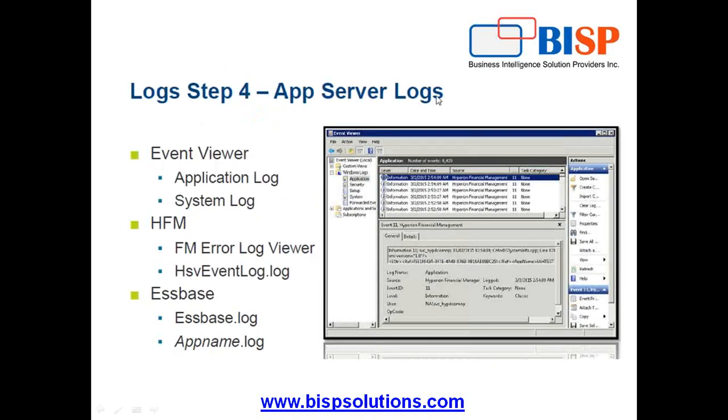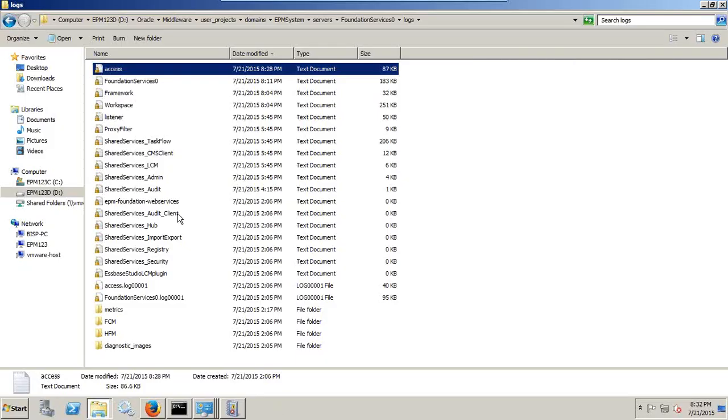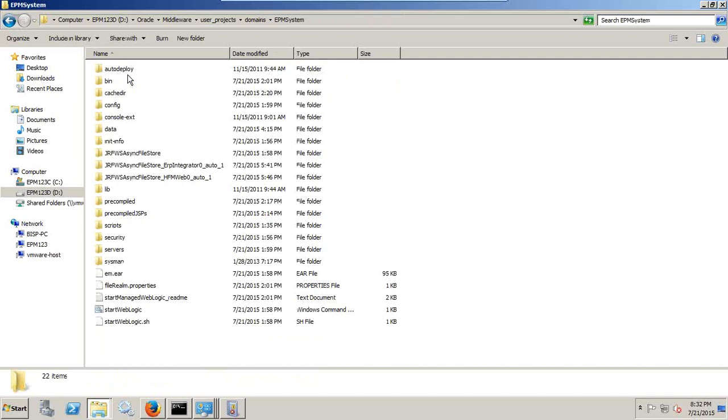Then it comes to database application specific log. I just talked about essbase.log. In case Essbase is configured in OPMN with multiple instances, then I use Essbase underscore ODL. The Essbase log you have, then you have Essbase ODL under diagnostic.